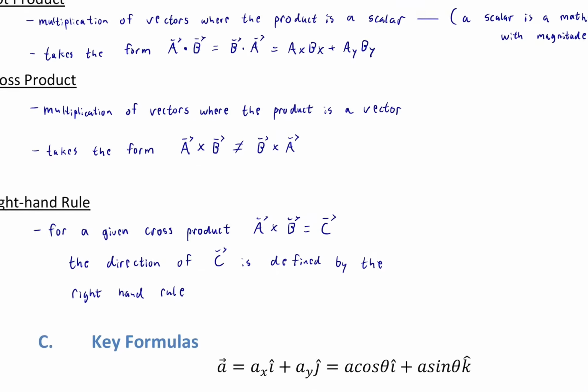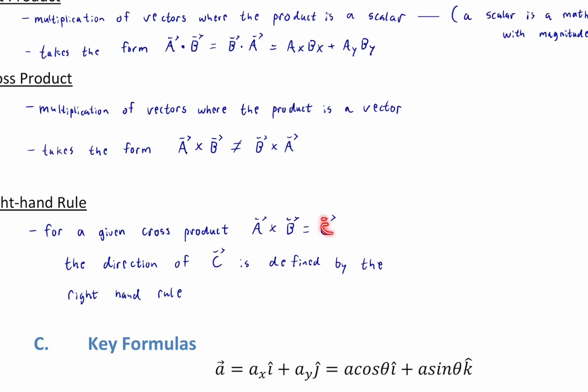So, for example, C, the product of the cross product multiplication, is perpendicular to both A and B. Think about if A and B are vectors in the xy plane, then C must point in the z direction. If on the other hand, A and B are vectors in the xz plane, then C must point in the y direction. Get it? That's the idea. It's always perpendicular to both vectors.